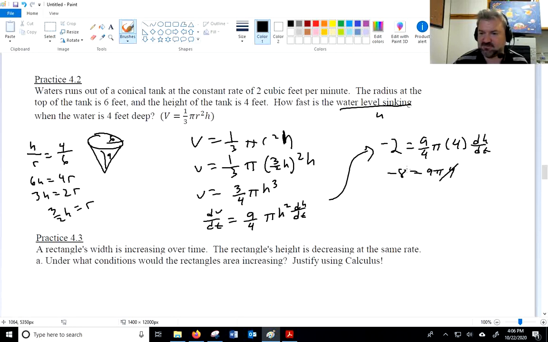Actually, I could have canceled the 4s right away. Why didn't I think about that? That's embarrassing. I'm going to rewind time here. So the 4s go right away. So it's negative 2 over 9 pi feet per minute. Height is in feet.